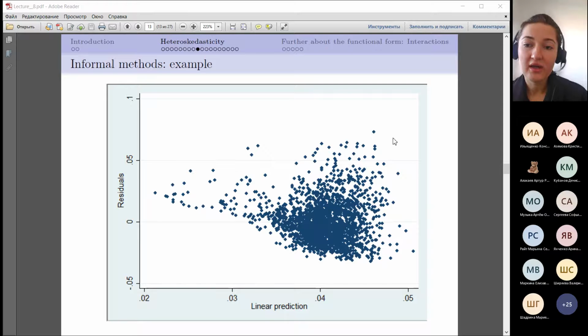So exactly, if you type rvfplot, as Yelizaveta suggested in our chat, you will see such a picture as you can see in this slide. So residuals versus fitted values, some predictions. Let's say that we obtain such a picture, and what conclusion can you make if you take a look at this picture about heteroscedasticity or homoscedasticity? What can you say?